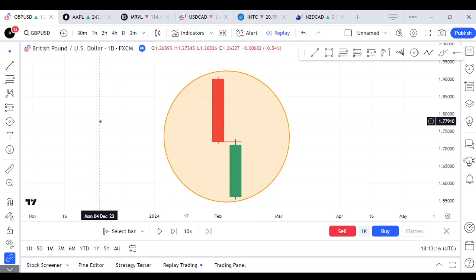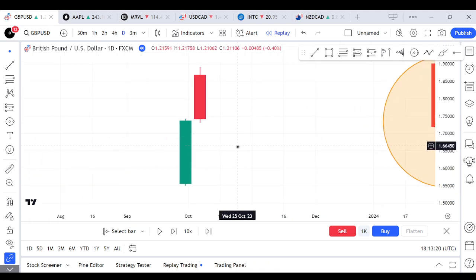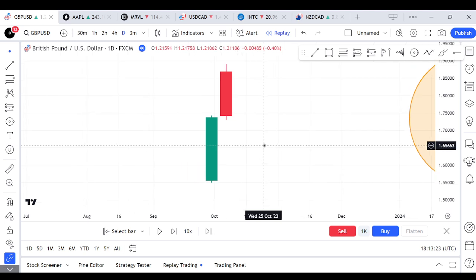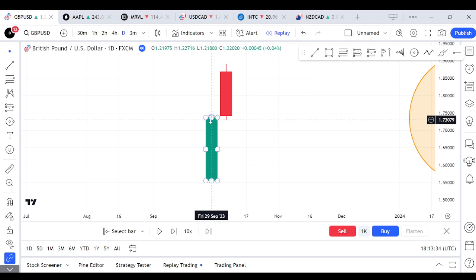And the bearish counter-attack candlestick pattern appears during an uptrend, and it begins with a long bullish candle showing that buyers have been driving the price up. The second candle is a bearish candle that opens higher than the previous candle, but closes near the first candle's close.